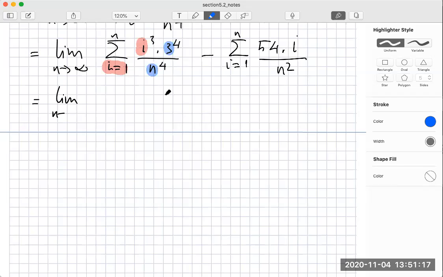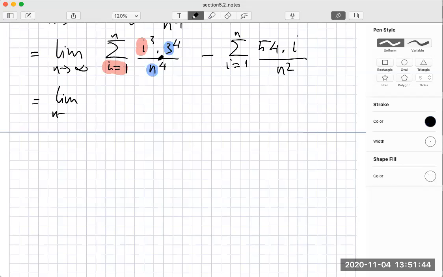Do you agree? Then, if it is a constant, then can we use the formula 9? Right? Do you all see it? Because n is a fixed number, right?